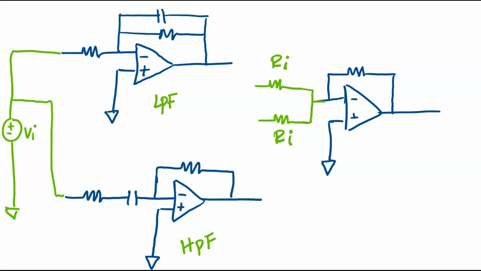So the output of the low pass should be connected to one of them, and the output of the high pass should be connected to the other one. And then here at the end, I'm going to have my output voltage, which is VO.